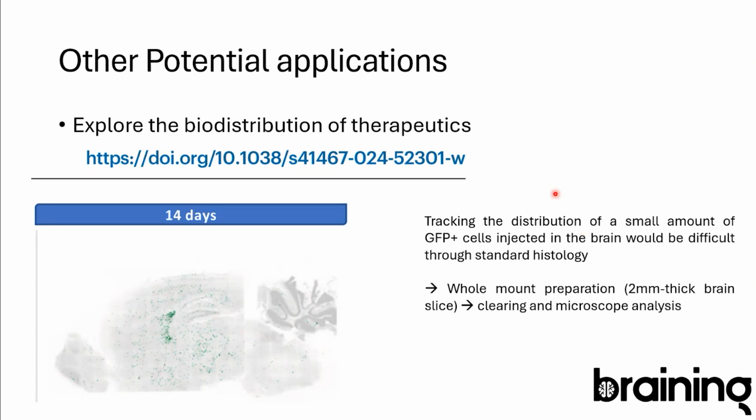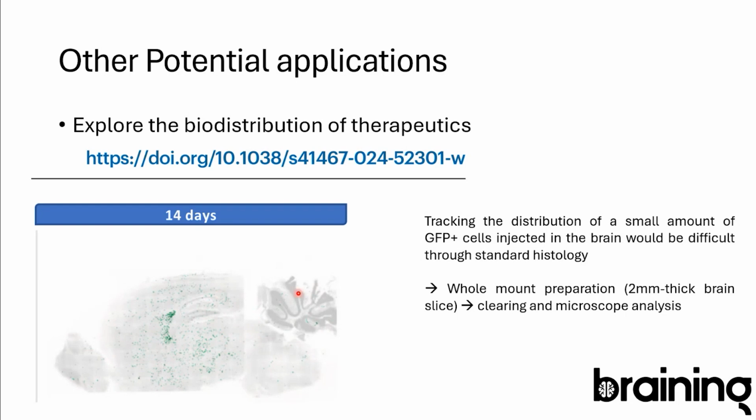Another potential application here, in this case, we wanted to track the distribution of cells which were GFP labeled and were infused in the CSF. So these were a very tiny amount of cells. If you want to measure, a few days after the injection of the cells in the brain, the distribution of these cells by histology, you might need to be very lucky, because if you start slicing the brain, you might miss some cells.